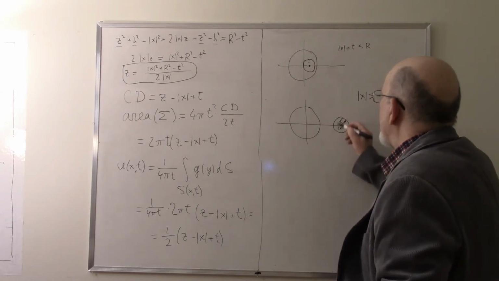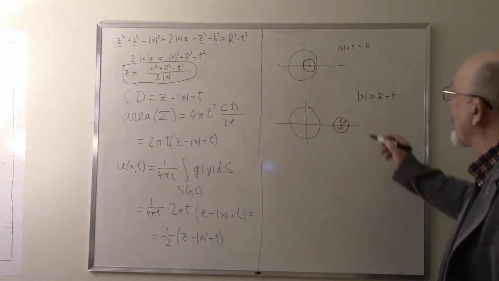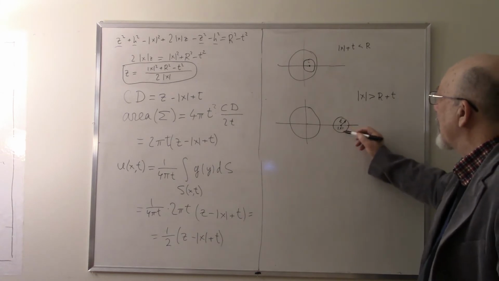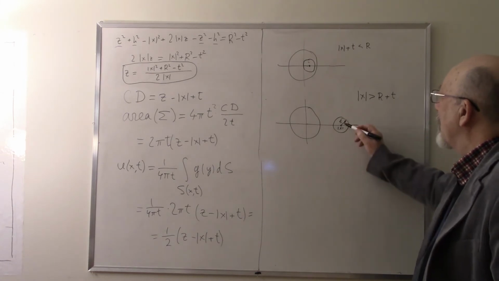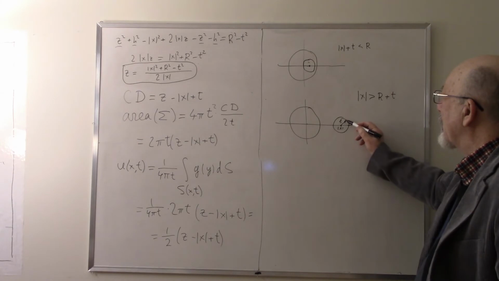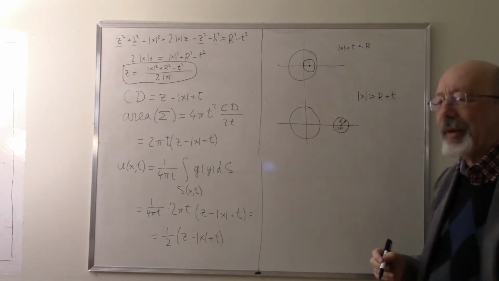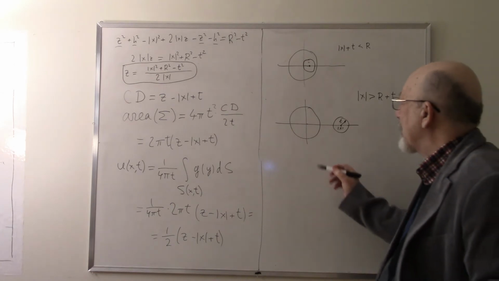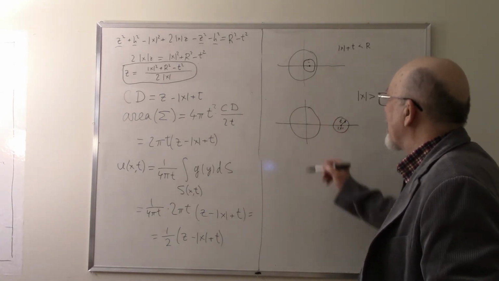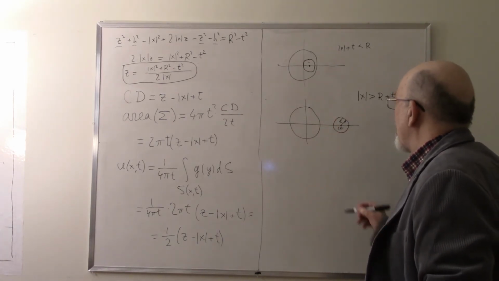In this case, our sphere with center at x and radius t lies completely outside the ball of radius r, where inside this ball g equals 1.